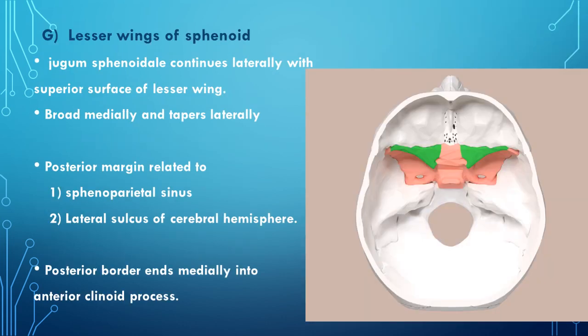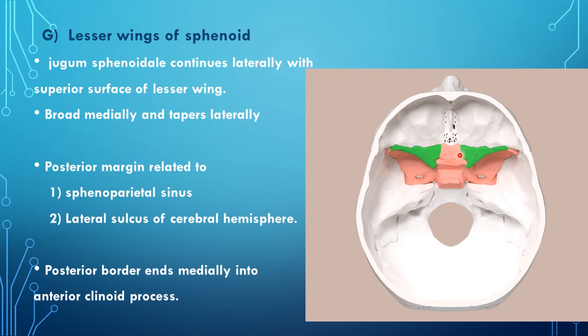Next important feature is the lesser wing of sphenoid. Here, the part that is marked in green shows the pair of lesser wings. This is the sphenoid, and here we have the two lesser wings. Now, as we said earlier, this is the jugum sphenoidale. Jugum sphenoidale continues on either side laterally with the superior surface of the lesser wing.